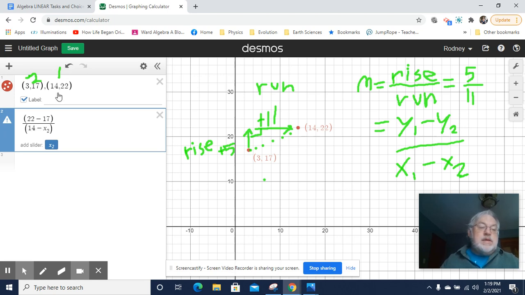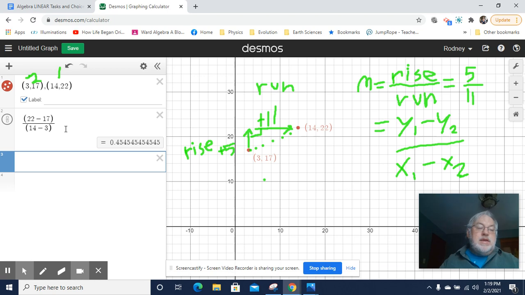And then I replace x2 with the x value from point 2. And I end up, well, you see this 0.4545, and you might be tempted to do some sort of decimal. Don't do it. So 22 minus 17 is 5, and 14 minus 3 is 11. And that's what I said it was over here.